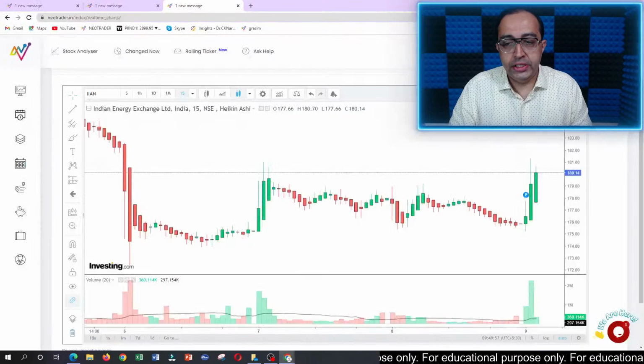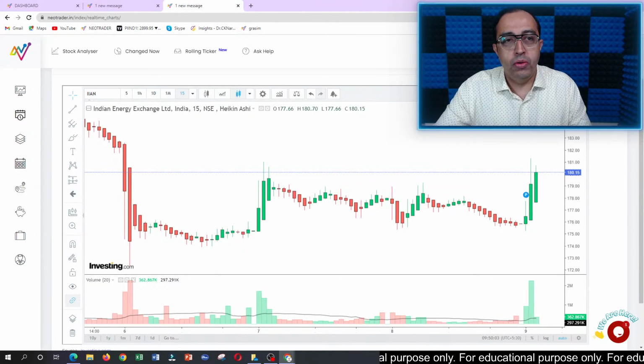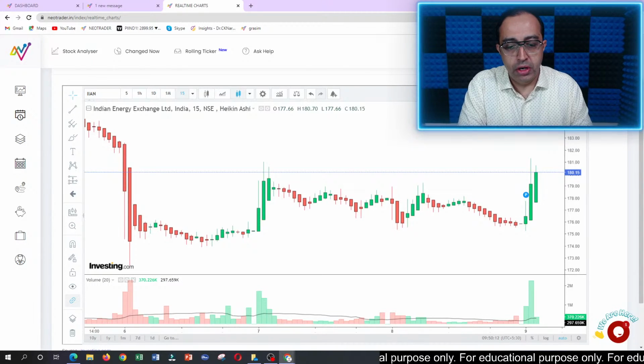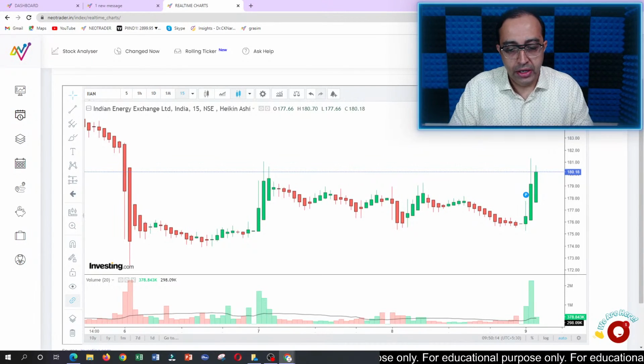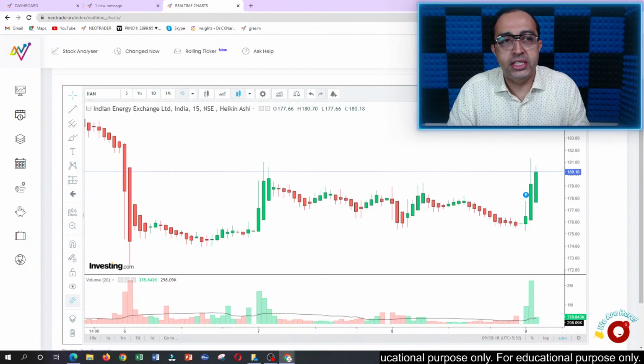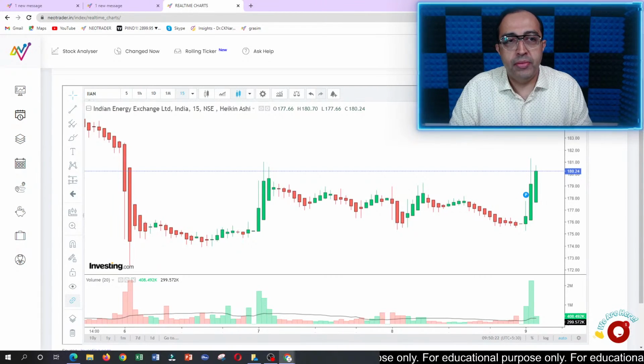Yes, IEX went through a sideways phase, and now after going through the sideways phase it is moving to the upside, and you can see that the long body candle concept will continue to remain as part of this entire scenario.